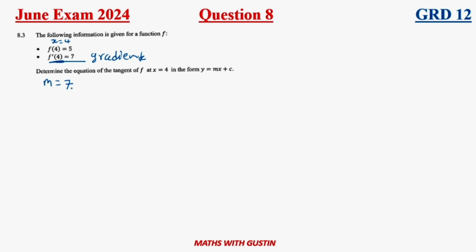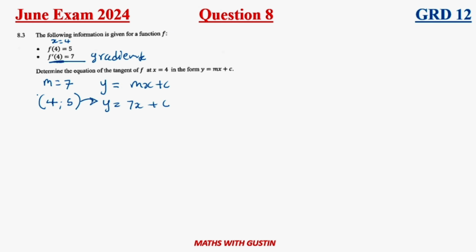You get it when x is equal to 4. And then they have also given us a coordinate: when x is equal to 4 on our function, y is equal to 5. So in order for us to find this function, we know the gradient, which is 7, then we can find c. So that's y = 7x plus c. We've got two values here, x and y.